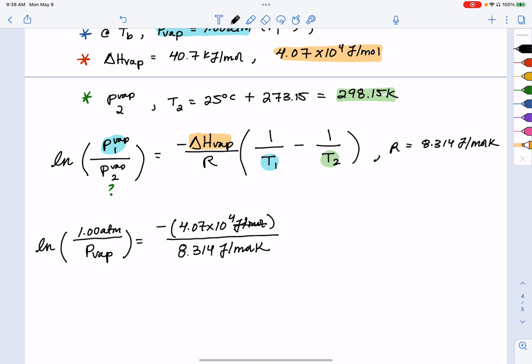Notice joules per mole and joules per mole cancel. This leaves a per Kelvin in the denominator.